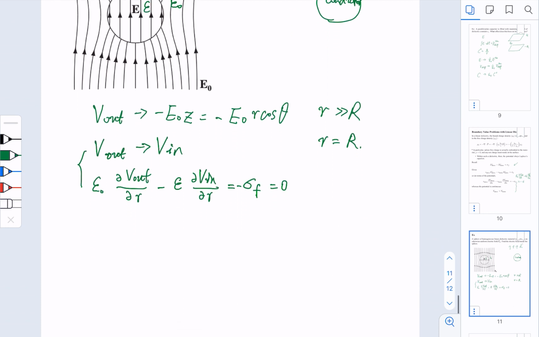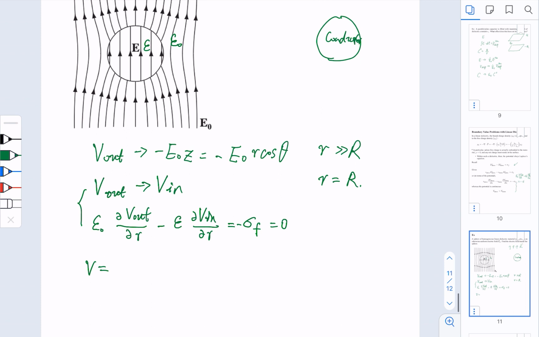Now, if you still remember the general solutions of this system with spherical symmetry, with azimuthal symmetry in spherical coordinates, it should be a sum over all the angular momentums: A_L times r to the L plus B_L over r to the L plus 1.